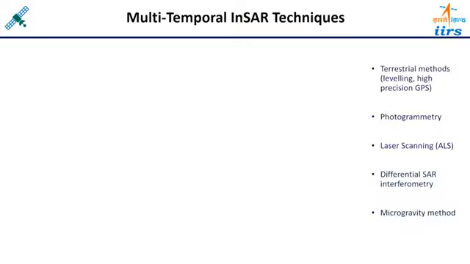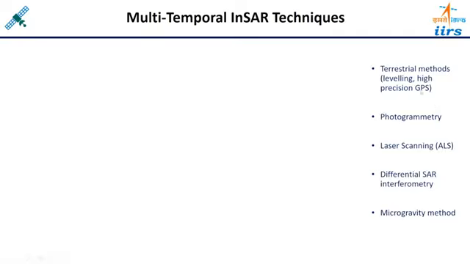Now coming to the main multi-temporal InSAR techniques. So here you can see the deformation. Generally, in the traditional way, we were measuring the deformations with terrestrial methods. Leveling equipment and high precision GPS devices were used, but these basically give point information.